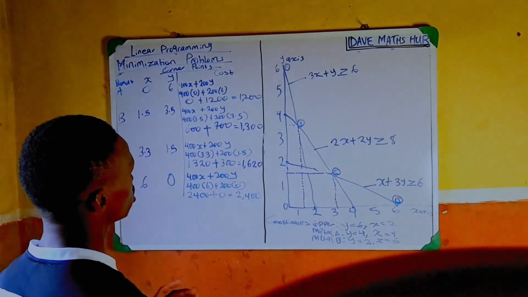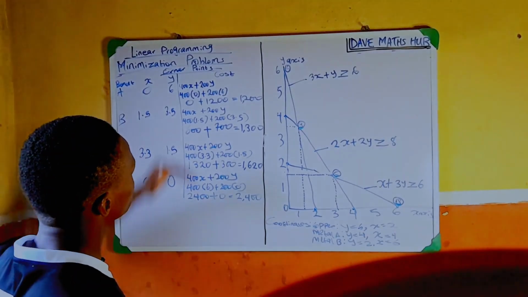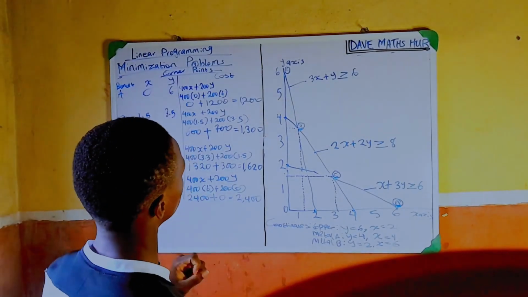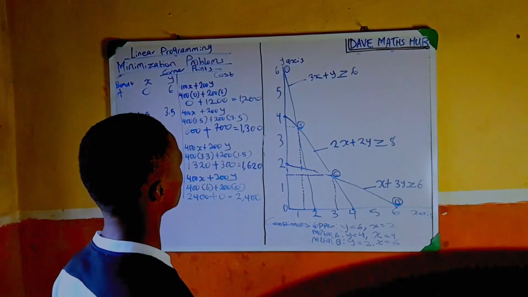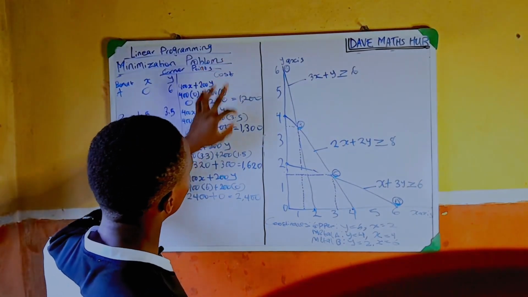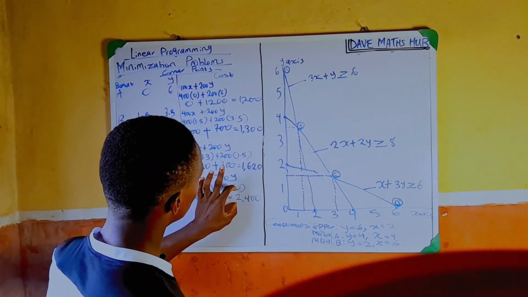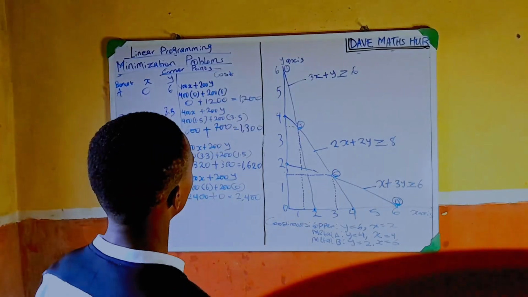For maximization, I'm always referring to that because that was the first one we did. For maximization, in order to maximize profit, we chose the highest amount. But for minimization, we want to reduce cost to the lowest. This is 1,200, this is 1,300, this is 1,620, this is 2,400. So the lowest we are going to pick will be 1,200.